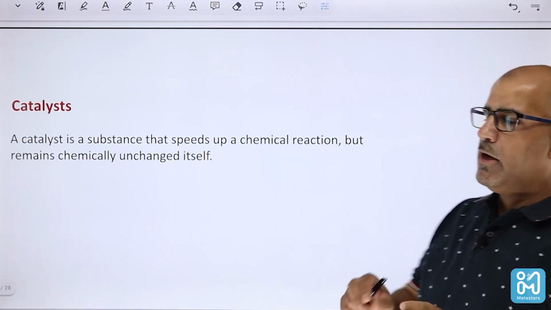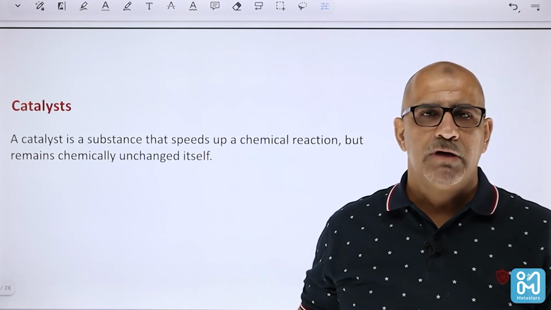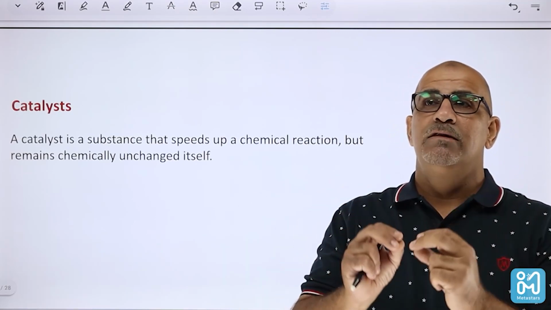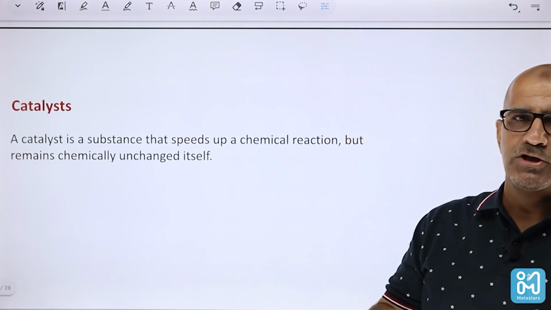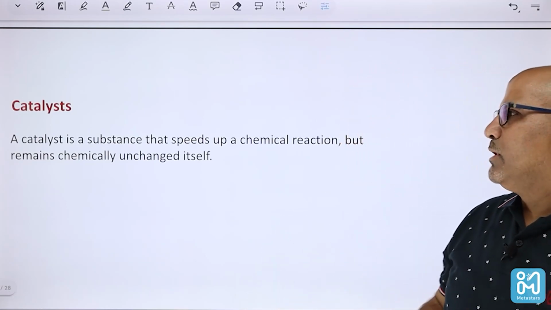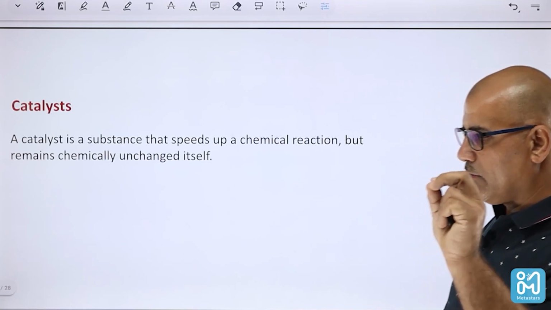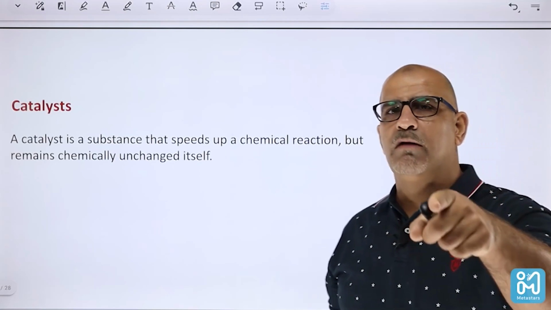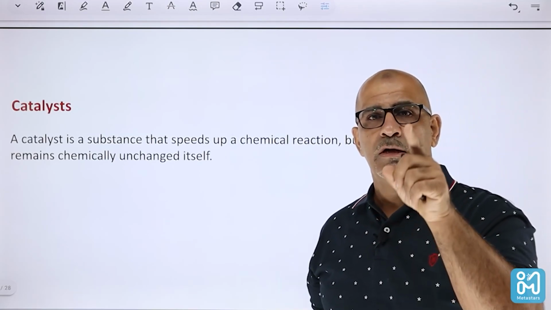For example, if you use powdered iron in a chemical reaction, and this amount is 2 grams, at the end of the reaction you can filter it, and you will see that what is left is 2 grams of iron. This is a question that comes in the past papers for the alternative to practical test.